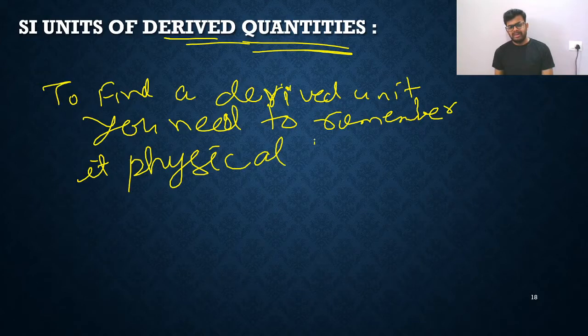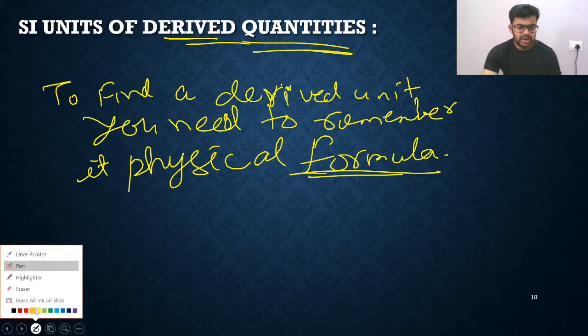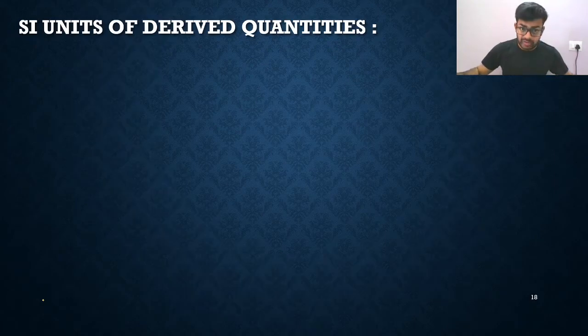You need to remember its physical formula. If you don't remember the physical formula, definitely you cannot derive the units. Then you need to mug up the units. Simply speaking, as you learn the different chapters till the end of the syllabus, you will learn each and every physical formula, and you will be able to derive each and every unit and dimension. So let us talk about some basic units.